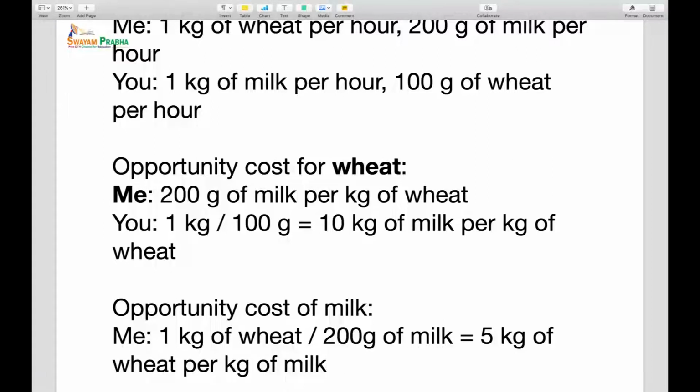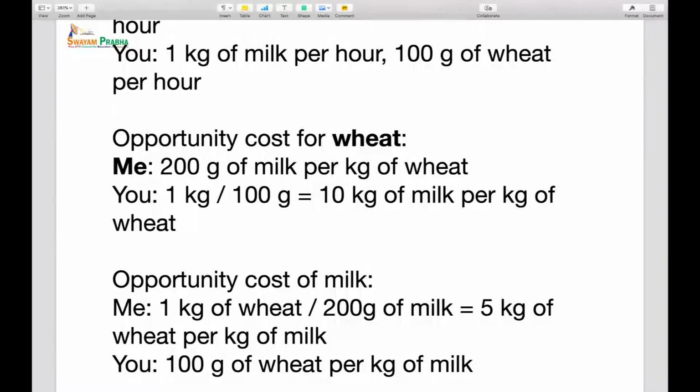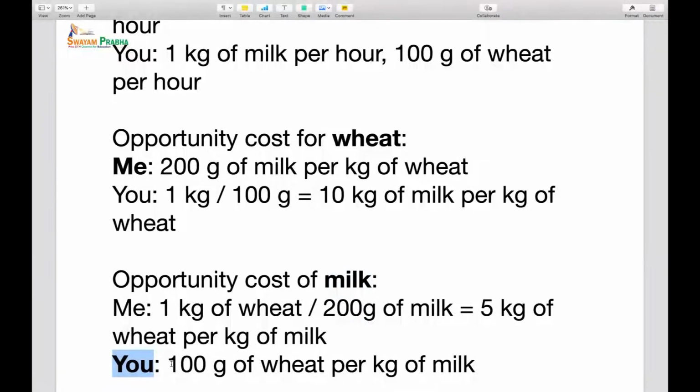So, to make 1 kg of milk, I will have to forego 5 kg of wheat. Whereas in your case, to make 1 kg of milk, you only have to forego 100 grams of wheat per kg of milk. So in the case of milk, your opportunity cost is only 100 grams, whereas my opportunity cost is 5 kg of wheat.